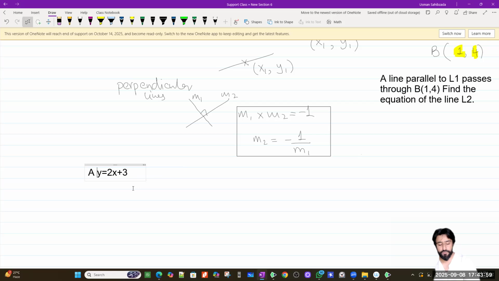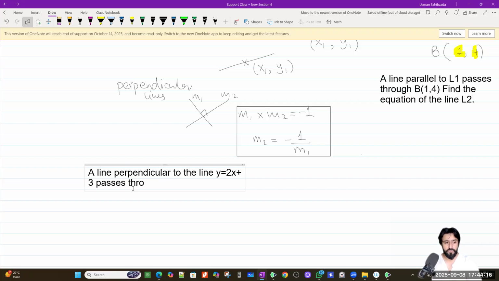Right. So a line L1 is y is equal to 2x plus 3. I'm changing the question. A line perpendicular to the line y equals 2x plus 3 passes through (2, 4). Find the equation of this line.